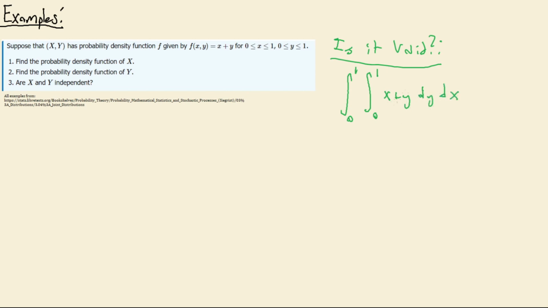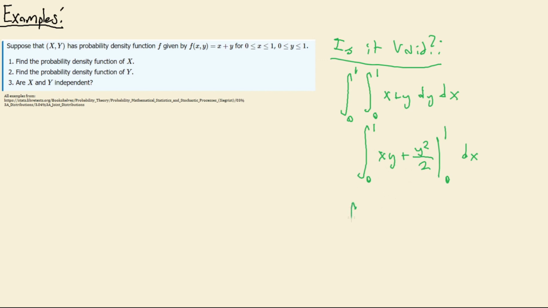first with respect to y, and so we'll get xy plus y squared over 2 from 0 to 1. Then we'll integrate the remainder, 0 to 1, with respect to x. If we plug in y equal to 0, this whole expression reduces to 0. If we plug in y equal to 1, we get x plus 1/2.